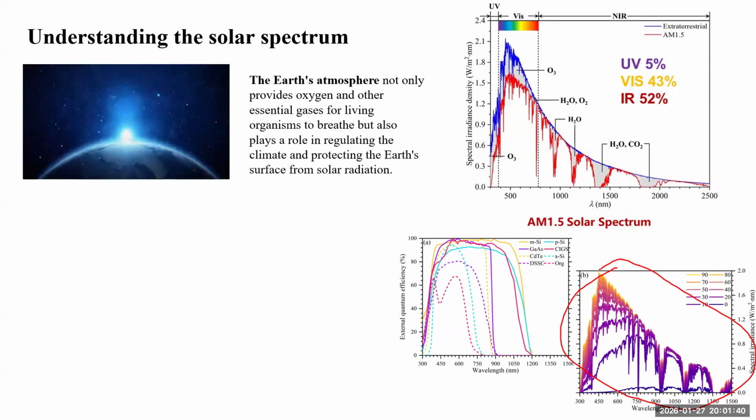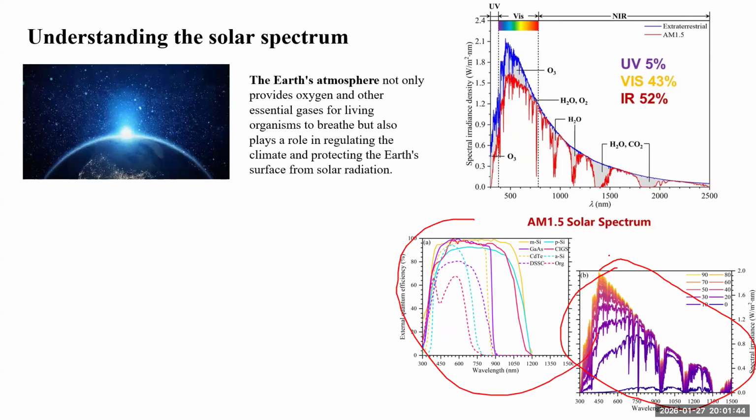And even for solar cells, different solar cells can be activated by different solar photons. This is for amorphous silicon solar cells, polycrystalline solar cells, and thin film solar cells. We can see they have different sensitivity to different solar spectrum.